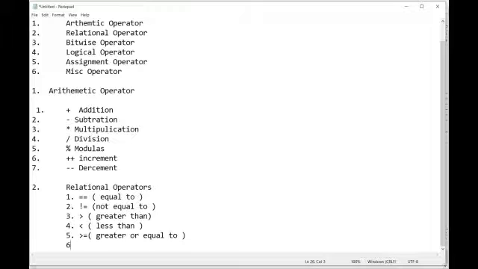Sixth one will be less or equivalent. That means we have six subtypes of relational. The first is the equivalent. Second one we call it not equivalent, greater than, less than, or greater or equivalent to, less or equivalent.